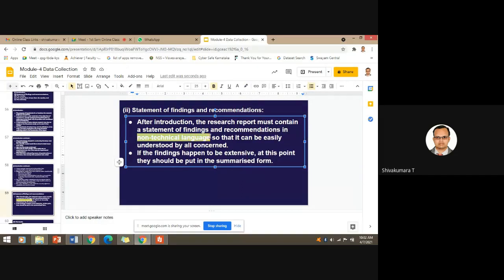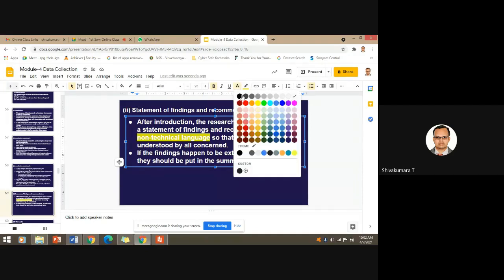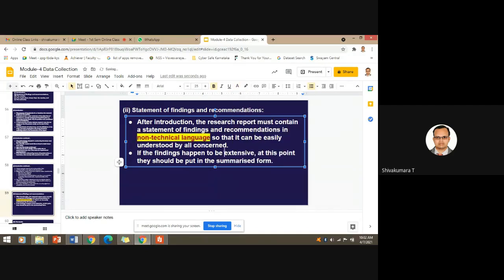Non-technical language. So here in the beginning itself, if you are using technical language, then it is difficult for a normal user to understand the work being done by you. So after the introduction, you need to use simple English to make the readers understand.